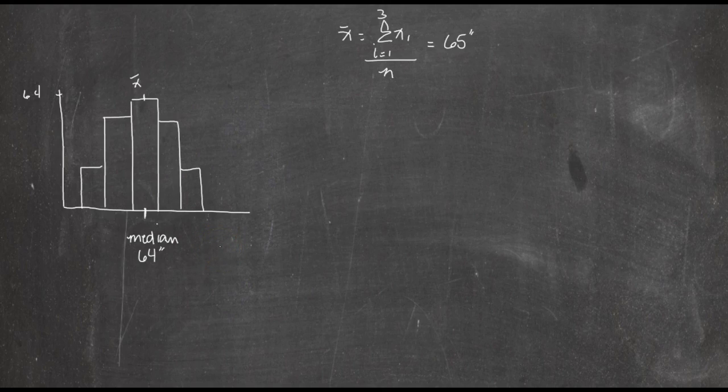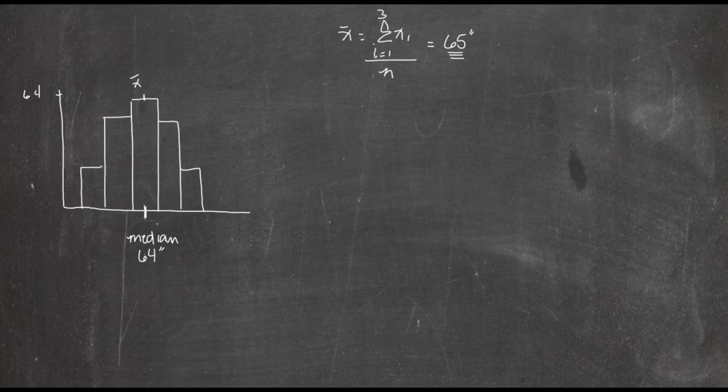And it just happens that the arithmetic mean falls in exactly the same position as the median. So you'll see symmetric distributions like this when the mean is a really good measure of the center of data.